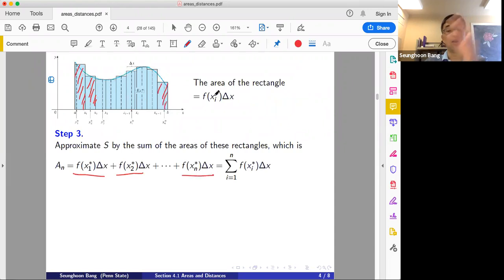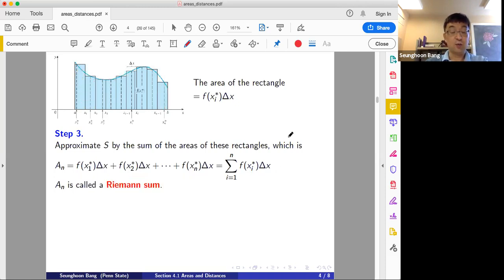You can add all rectangles, so you can use summation notation: the sum from i equals 1 to n of f of xi star times delta x. This is called the Riemann sum. Only a partial sum, this is the Riemann sum.